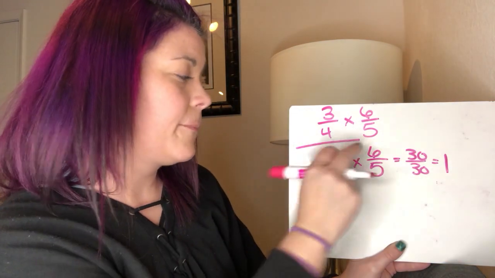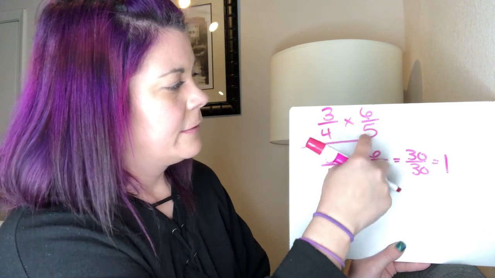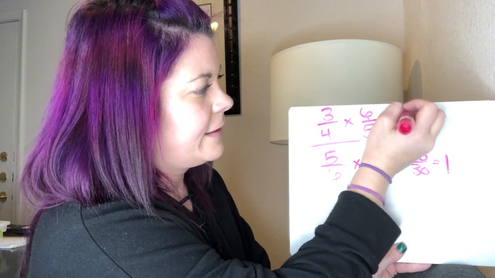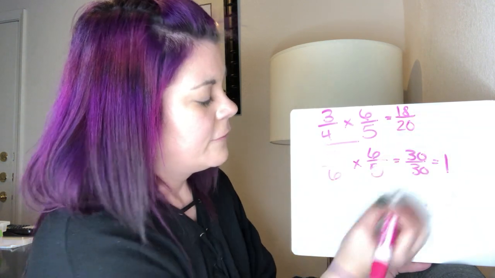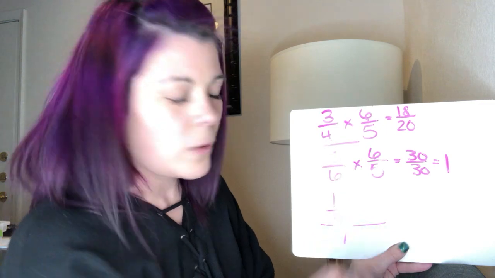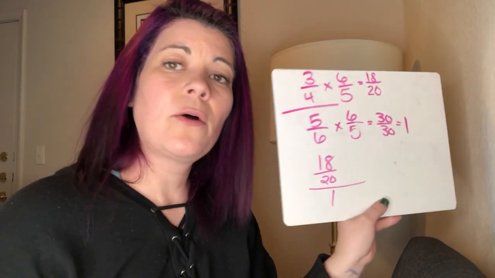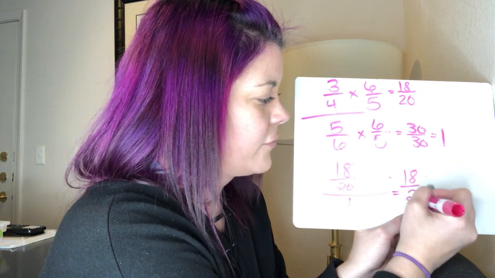So I made the bottom number 1 now. And up top, 3 times 6 is 18, and 4 times 5 is 20. So really I have 18 over 20 all over 1 now. But we know that anything over 1 is just itself, so it's just 18 over 20.